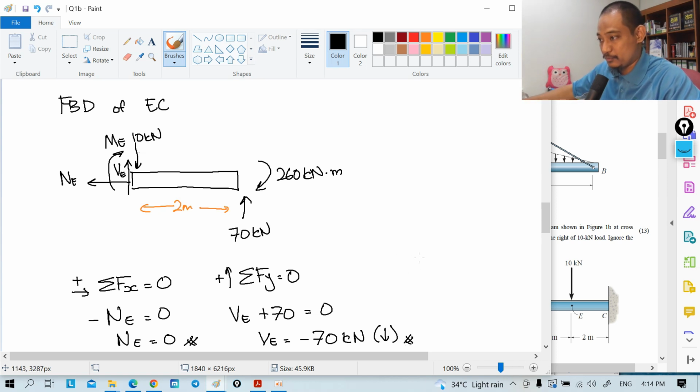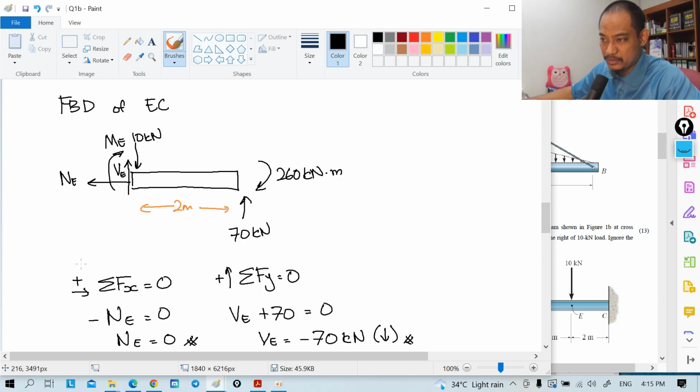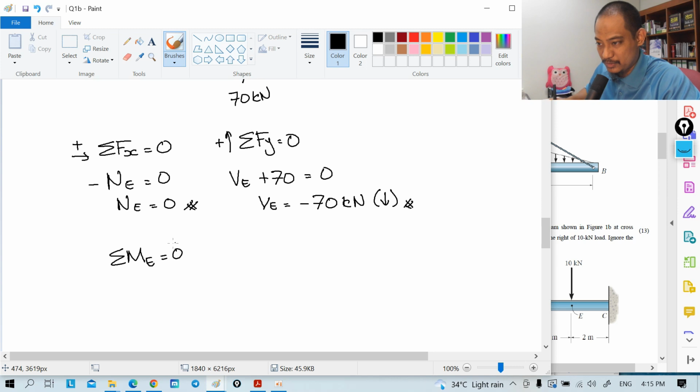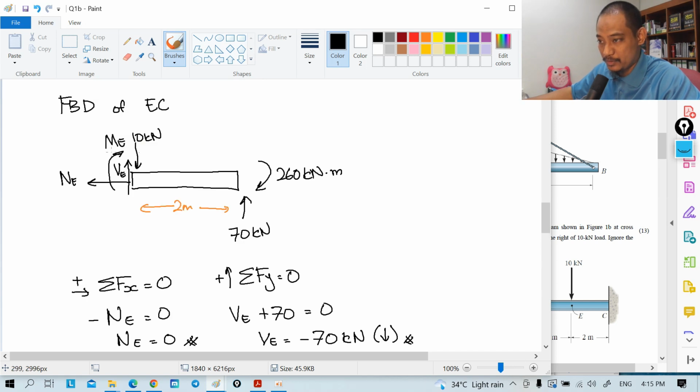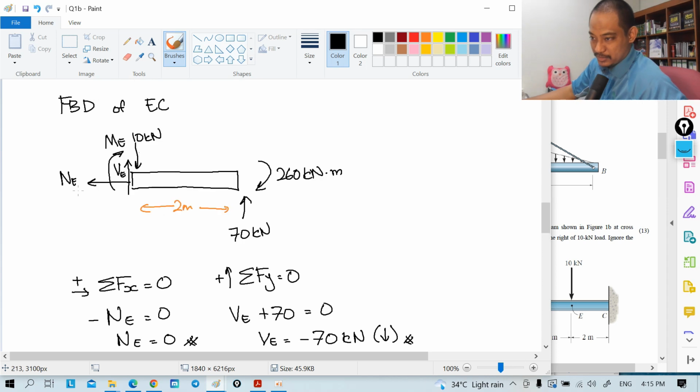And then if you take summation of moment about point E equal to 0, let's take clockwise as positive to be consistent with that one. So you have ME for this one, and then 10 here, wait, is this 10?